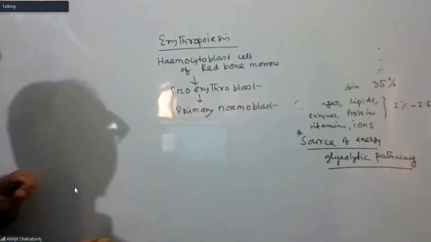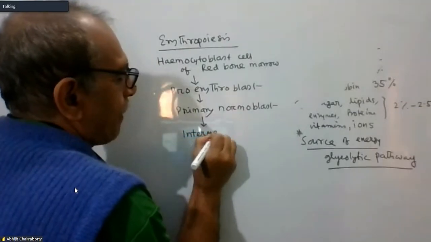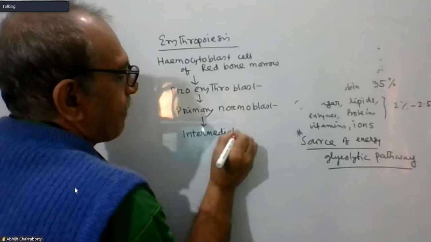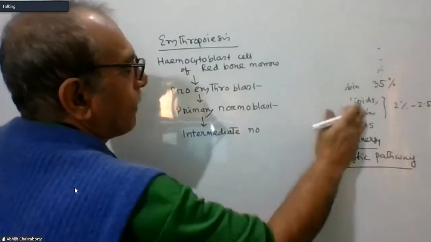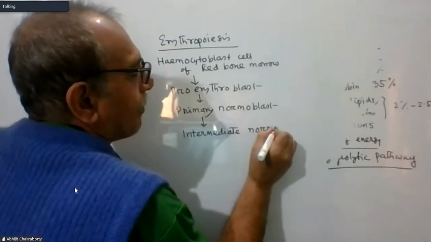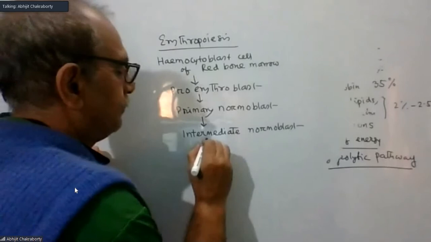Primary normoblast. Intermediate normoblast.